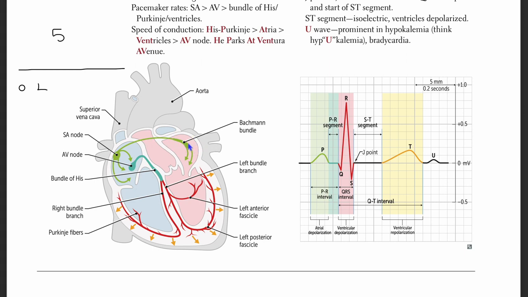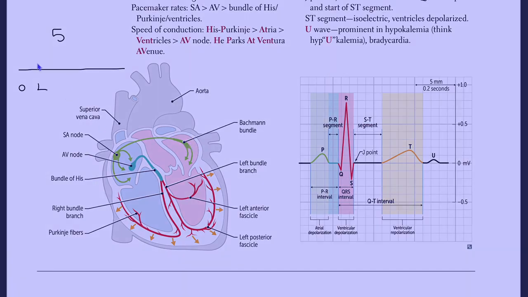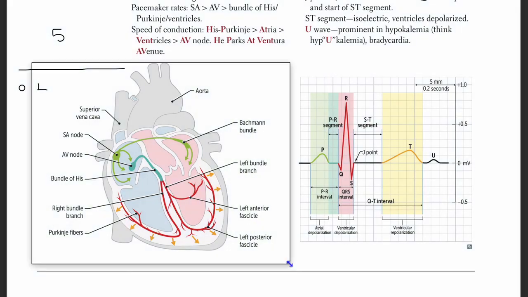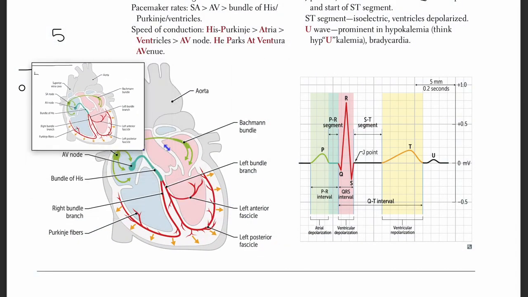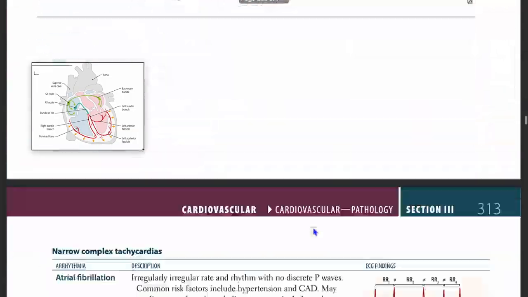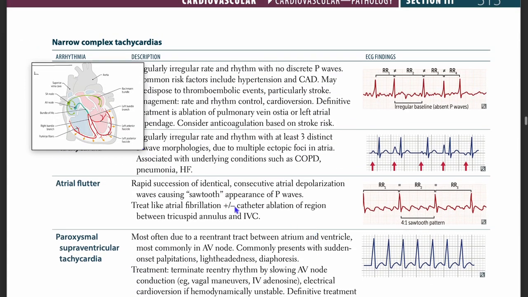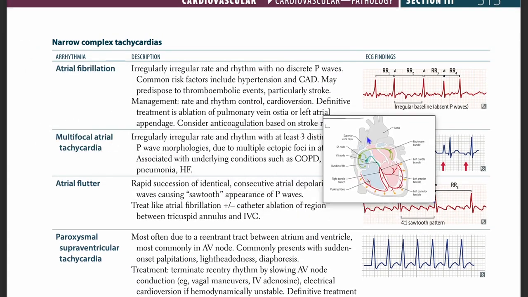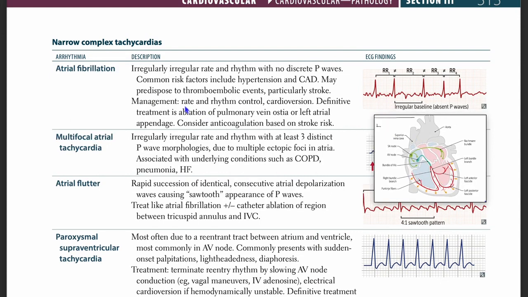So we deal with that area. So that's why definitive treatment is ablation of pulmonary vein ostia. So right there, that's where pulmonary vein comes in. Or left atrial appendage.